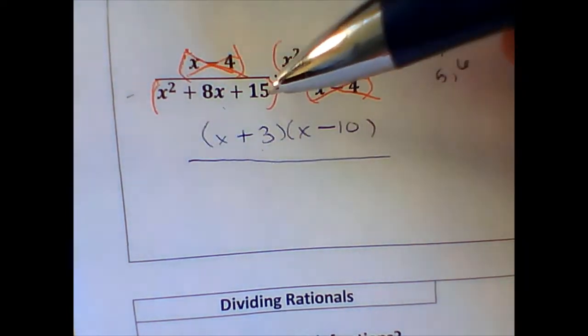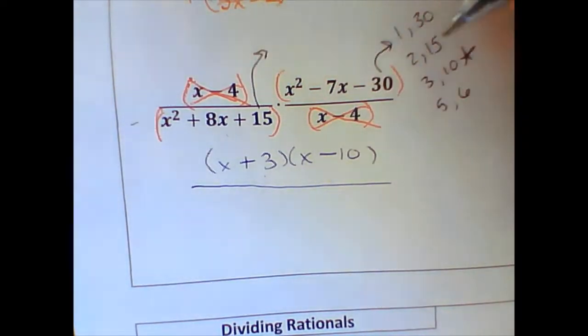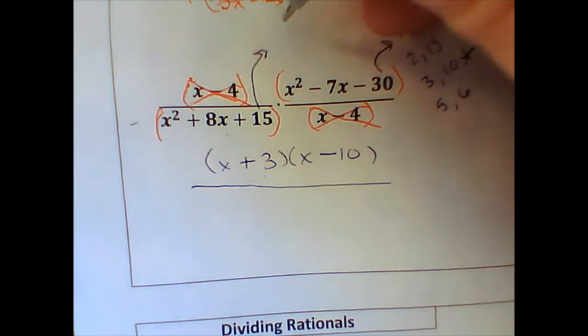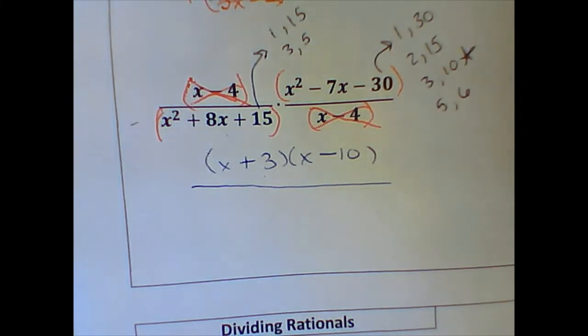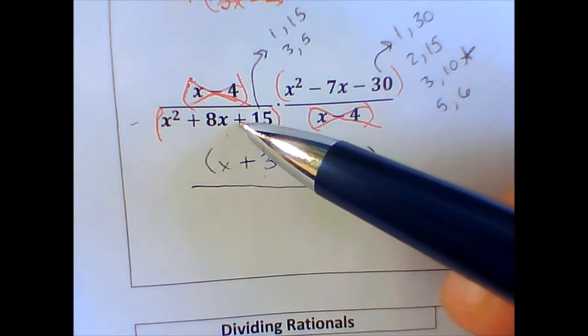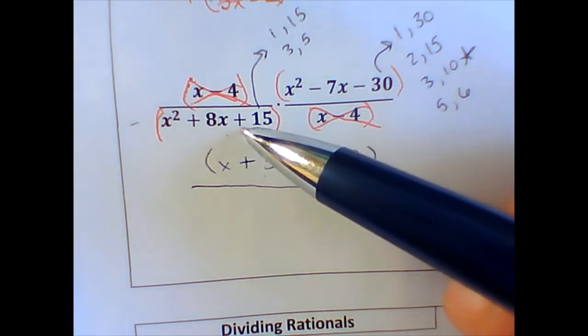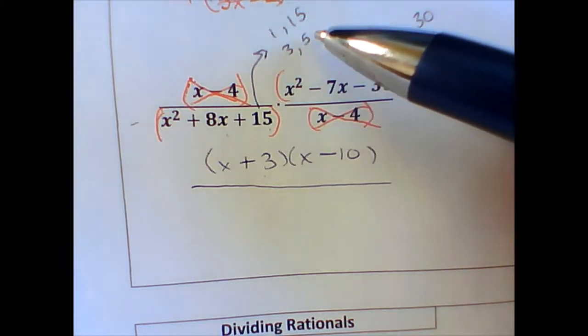Okay, we're going to do the same thing on the other trinomial. We're going to break up the back term, 15, into its factors. 1 and 15, 3 and 5, and that's about it. 15 doesn't have a lot of factors. Which of these will add to 8? Because our link here is addition. What adds to an 8? Well, probably the 3 and the 5.